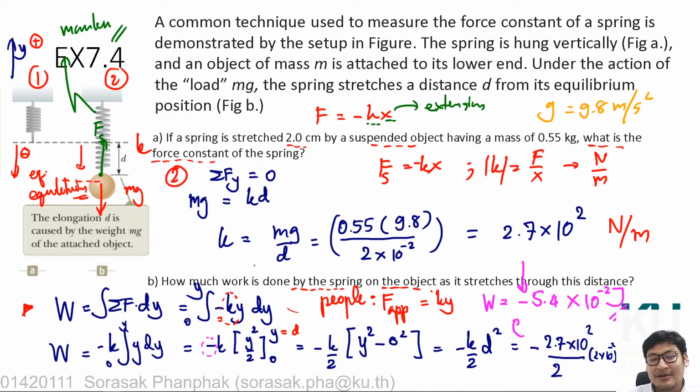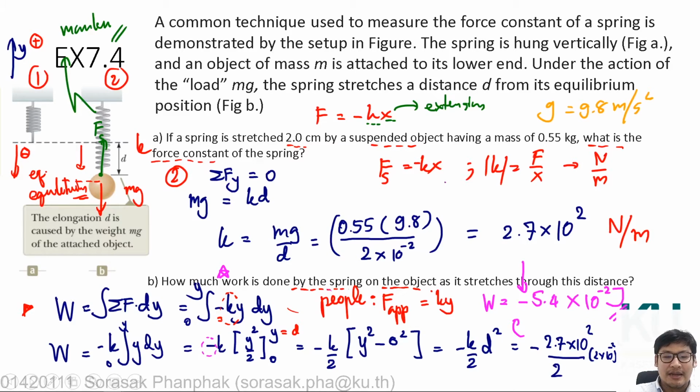So let me remind you again, every time you look into this type of system, you have to identify which system you are looking at, who is doing the work, and work is done by whom. That is what I am trying to say: by the spring, on what thing this has been done.